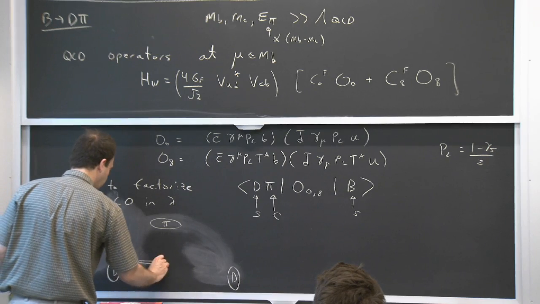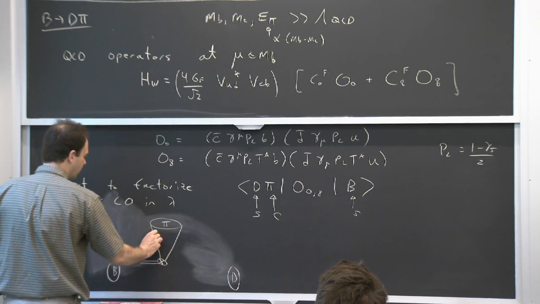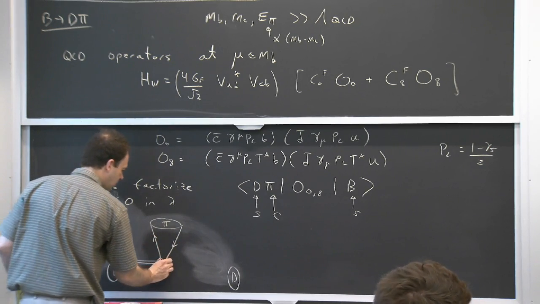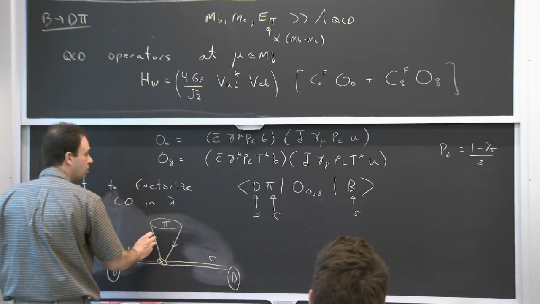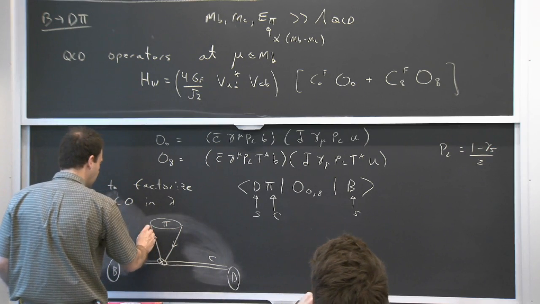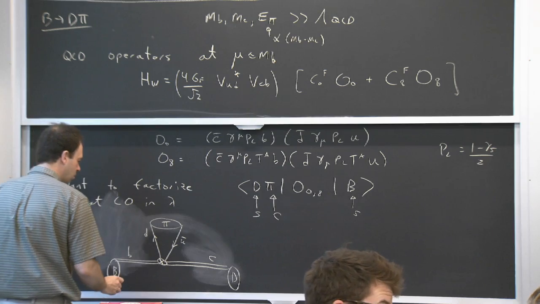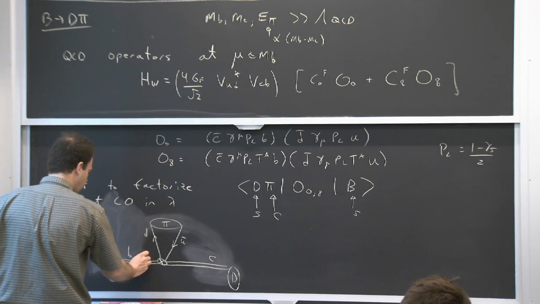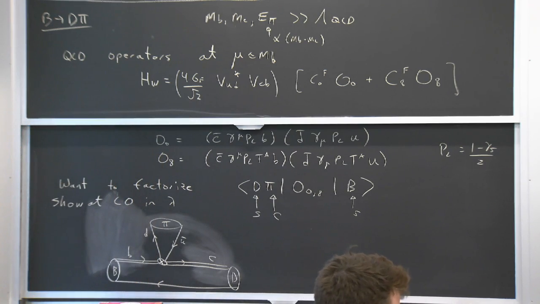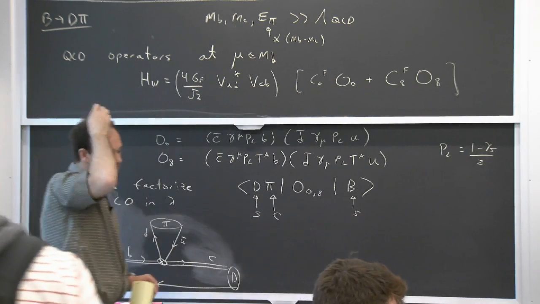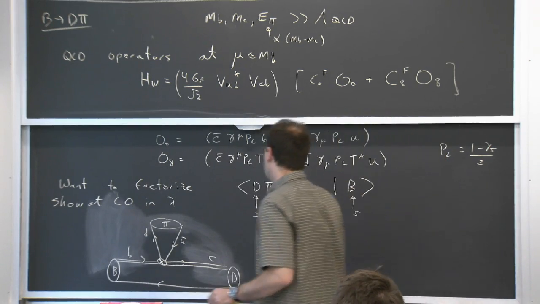So here's a heavy quark. Here's one of these operators. Here's the valence quarks in the pion. Another heavy quark. So this is B, charm, u and d. And there's an antiquark, and we have to dress this with gluons. And if it's going to factorize, then the way that we should dress it with gluons is as follows.